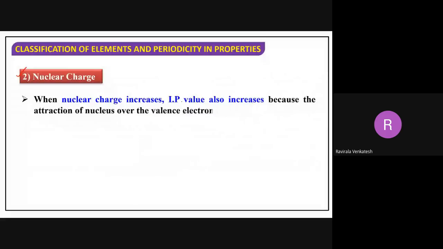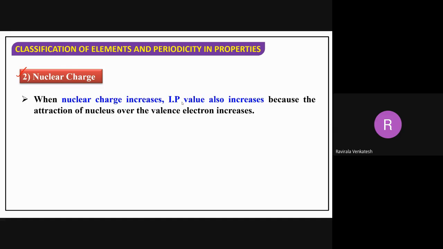Next. Second factor after atomic size: nuclear charge. Nuclear charge is directly proportional to ionization energy. What is the reason? When nuclear charge is more, nuclear force of attraction also will be more. Understood? When nuclear force of attraction is more, we have to supply more energy to overcome the nuclear force of attraction.